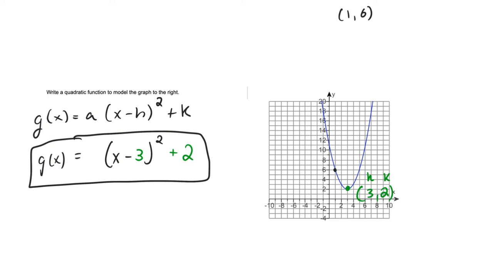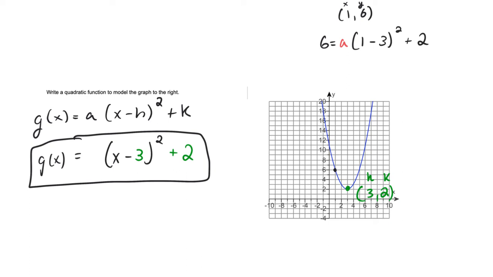You would substitute 1 in for x, 6 in for y, so 6 equals a times 1 minus h, which we said is 3, squared, plus k, which is 2.